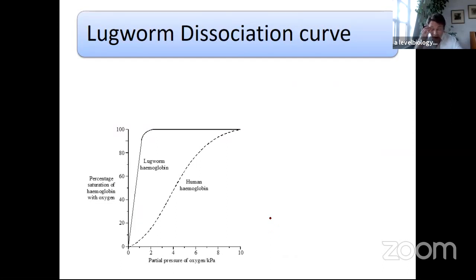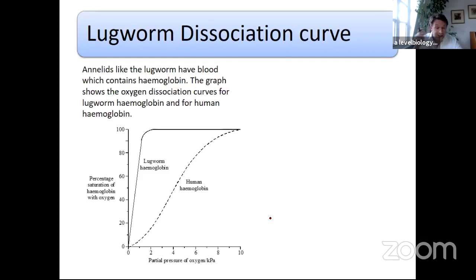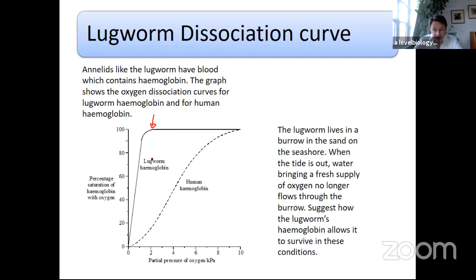Another one that you tend to see is lugworm dissociation curves. This is in some syllabuses. Lugworms are annelids, they're worms, they have hemoglobin, but their hemoglobin only dissociates at very low partial pressures. This reflects the way of life of the lugworm.